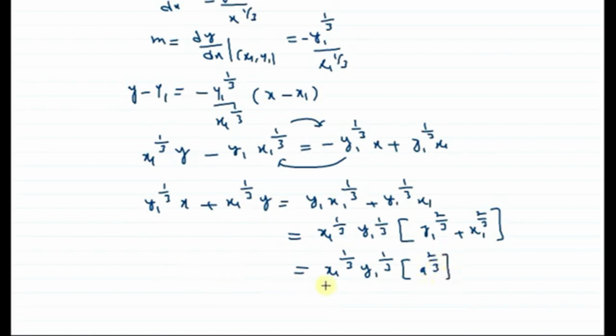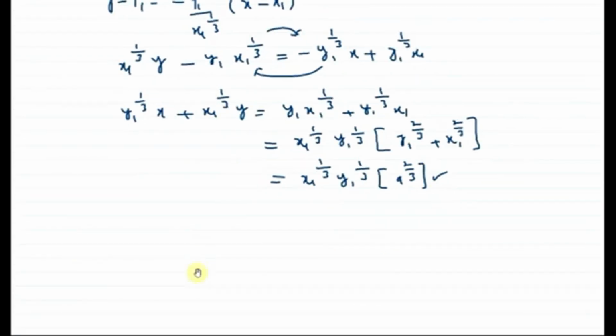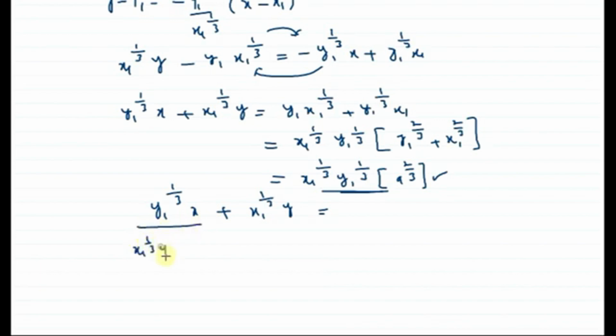Now divide both sides with this particular term. From that I will get y1 to the power of 1 by 3 x plus x1 to the power of 1 by 3 y. Dividing both sides with this term, here I will get x1 to the power of 1 by 3 y1 to the power of 1 by 3 into a to the power of 2 by 3.